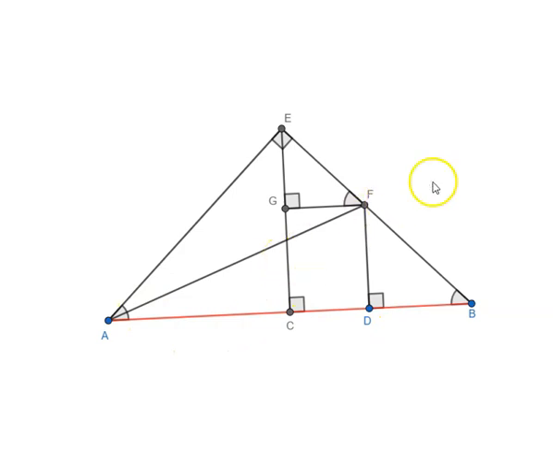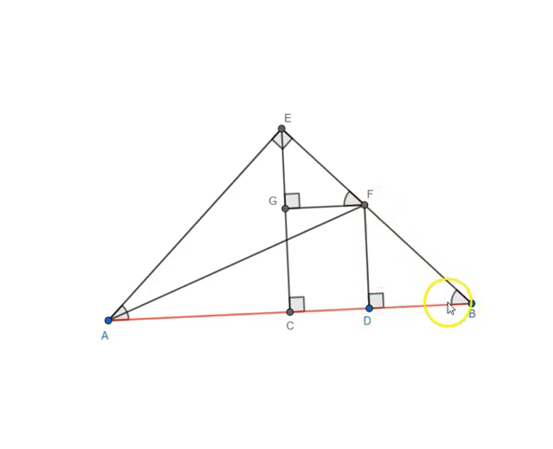Now AF square can be written as AD square plus DF square, since this angle is also a right angle. So AD square plus DF square is equal to 2 times AC square plus CD square, and DF is equal to DB.